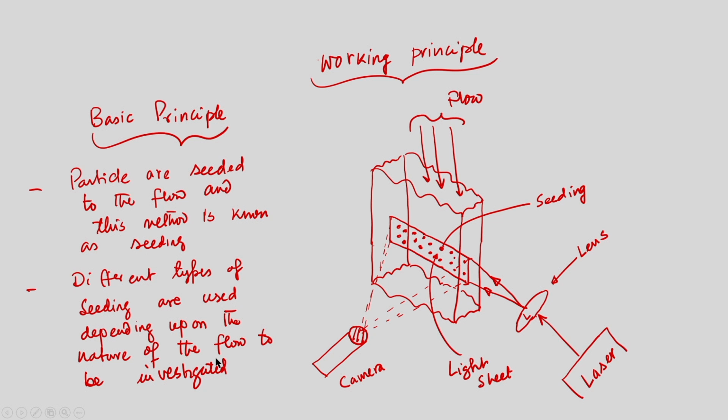So, this is the basic preliminary thing. We need to add a few particles to the flow, and this process or method is known as seeding.